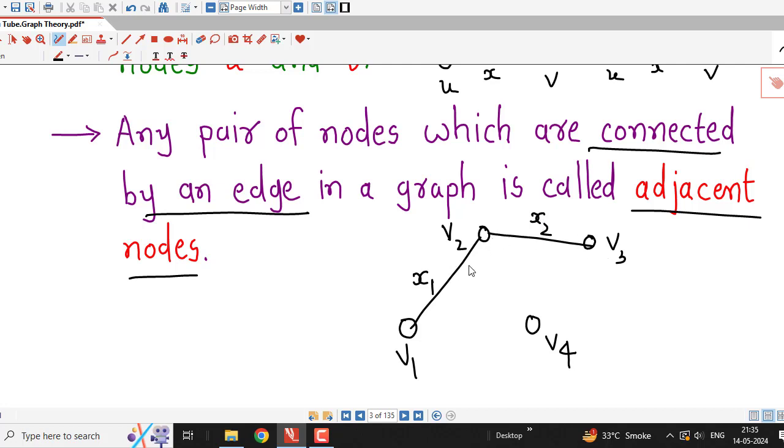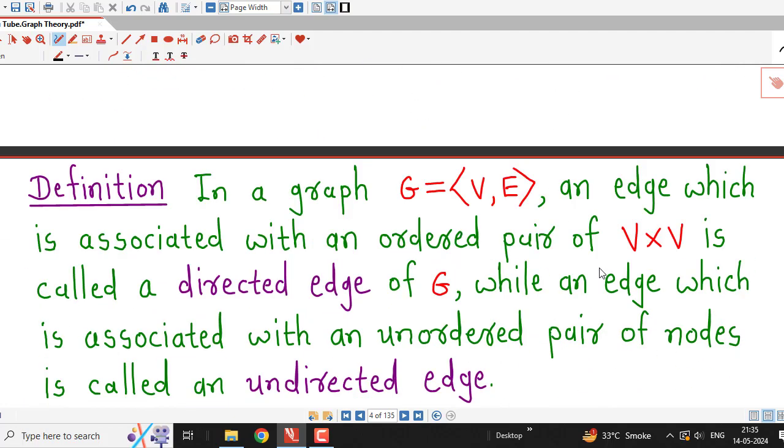Therefore, V2 and V3 are adjacent vertices or adjacent nodes. V1 and V4 are not adjacent because they are not connected by any edge. Similarly, V3 and V4 are not adjacent because they are not connected by any edge. So that is the meaning of adjacent nodes or vertices.